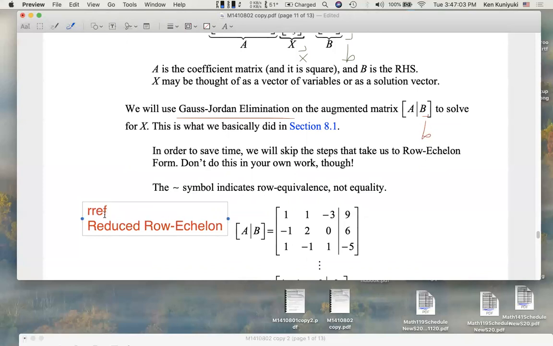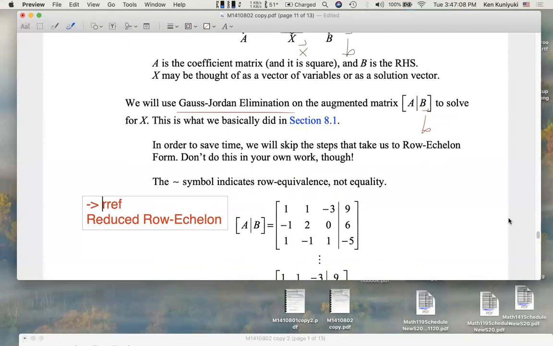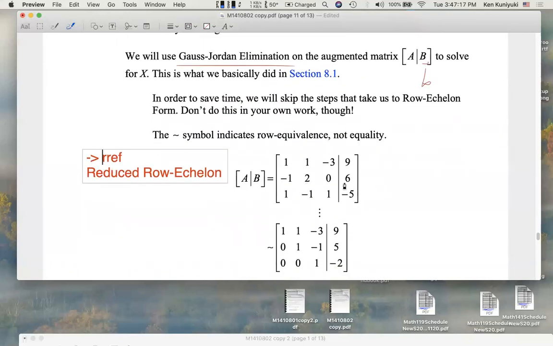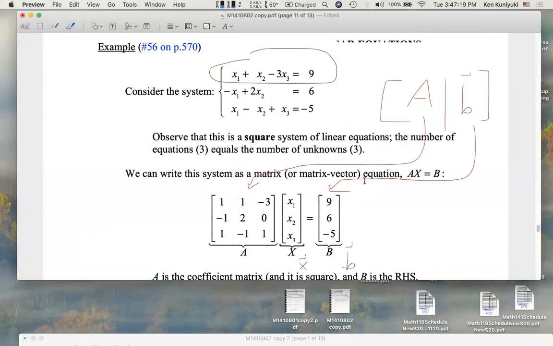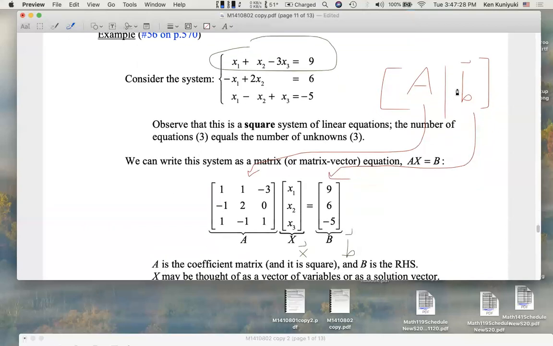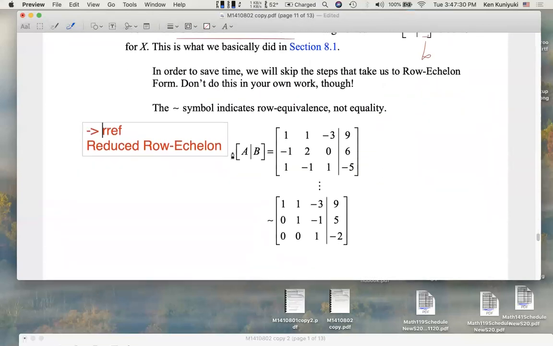Remember, each matrix has only one unique reduced row echelon form. Okay, so again, we're setting up this augmented matrix the way we used to, way back in section 8.1, right? Our old school augmented matrix from 8.1. Haven't seen him in a while.